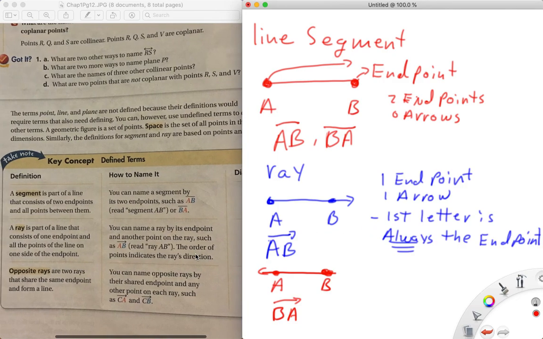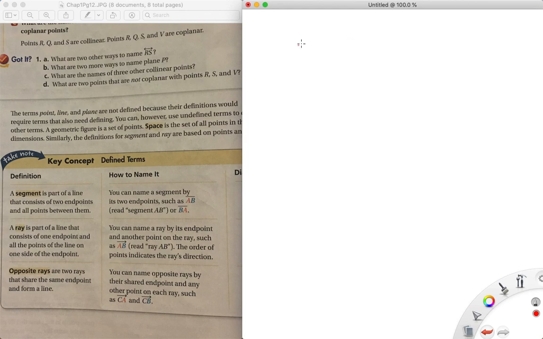Then we have opposite rays. Opposite rays share the same endpoint.